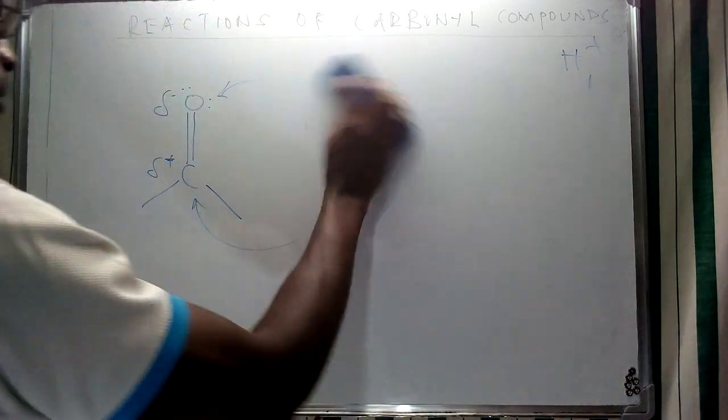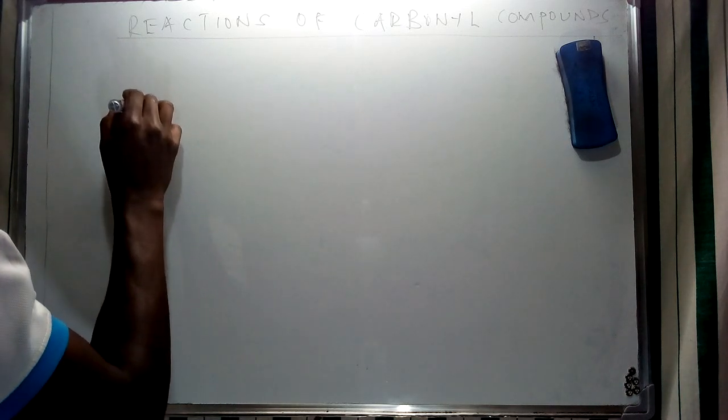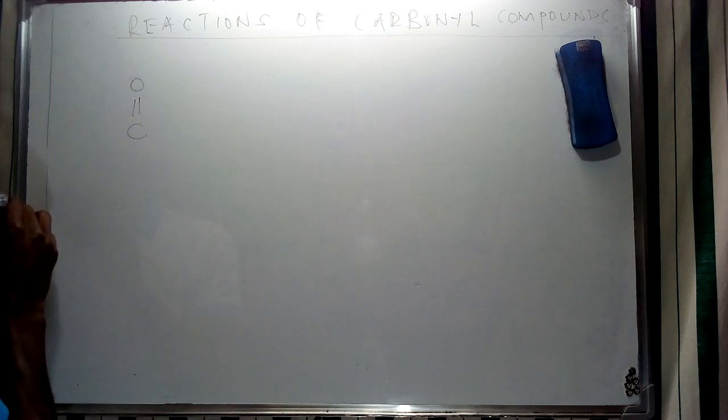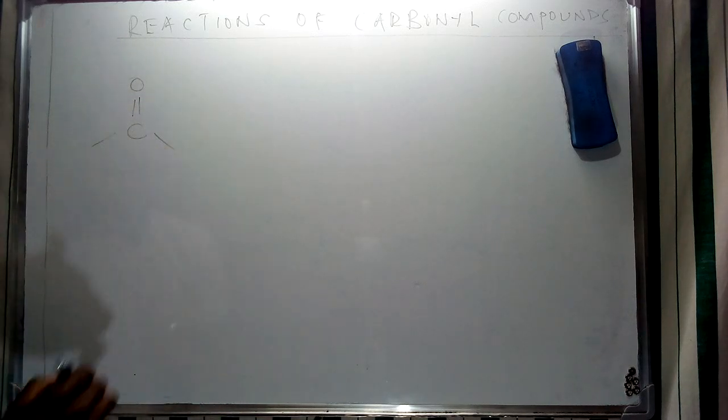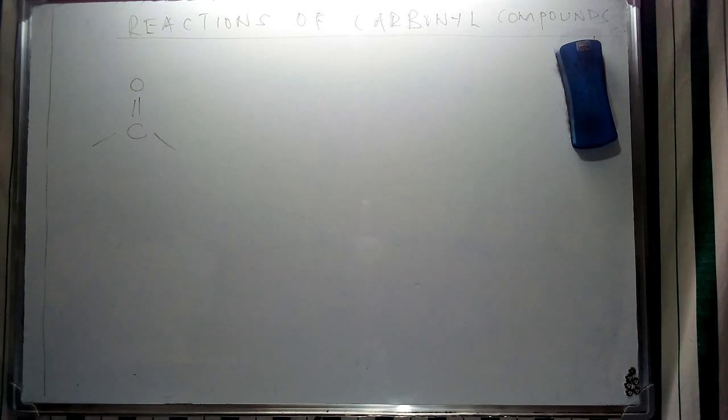One of them is a nucleophilic addition reaction, and the other is the nucleophilic substitution reaction that we have discussed in some of our videos. So I'm going to use a general example for this electrophile, this carbonyl compound, whereby I'm going to have that carbon shown with that oxygen atom at that specific point.